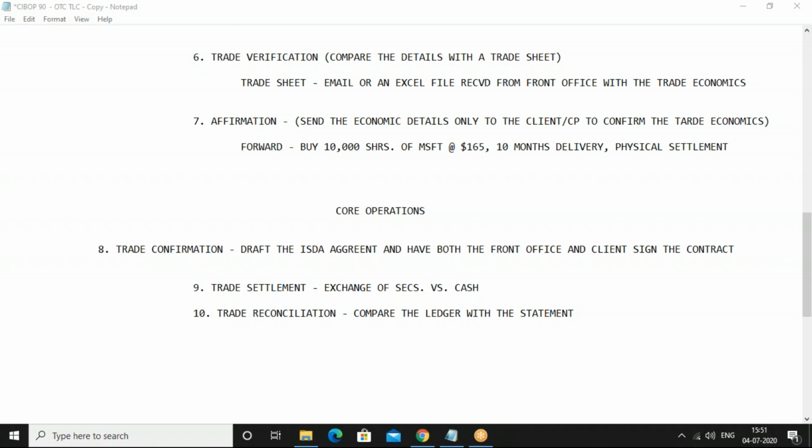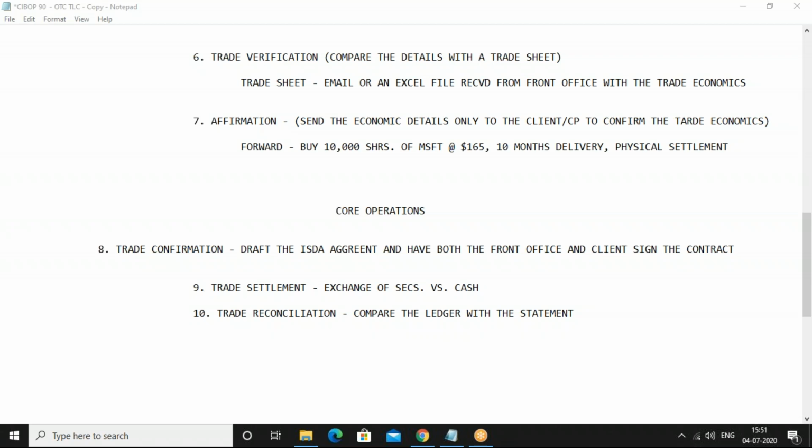In financial markets, in the OTC trade life cycle, why do you do affirmation? Because you don't have an exchange, you don't have a third party to compare the details with. These are bilateral agreements, between two people. In the affirmation step, you're sending them an email saying, we just did a forward contract today, do you agree to these details, yes or no?